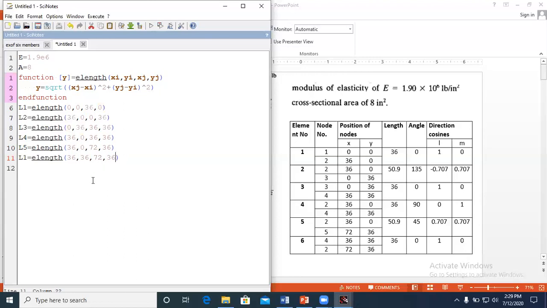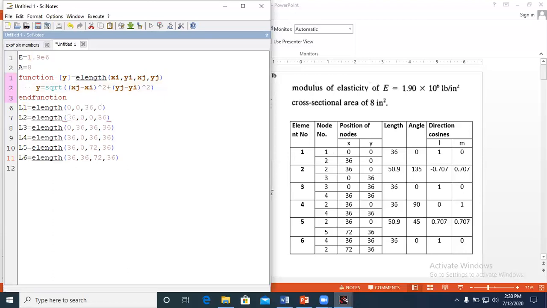Now what will happen here? These coordinates are transferred to xi and yi and xj yj, and on the basis of these coordinates, this length value is calculated, and that value is returned to L1, L2, L3, L4, L5 and L6. Again we check. For first element, node number 1 0 0, node number 2 36 0.